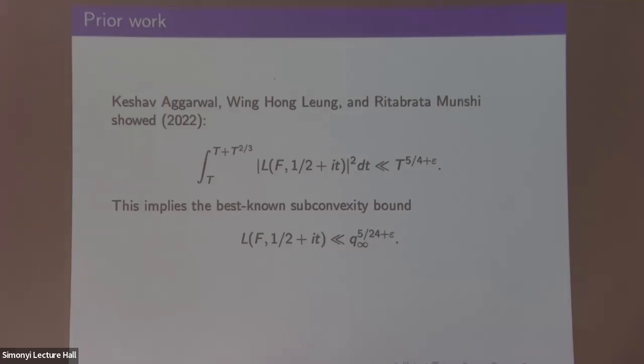Again, there are so many exponents, I'm sure it's easy to get lost, but they have something of length t to the 2/3, and they get this 5/4 bound. So it's a much shorter interval, but their bound is a little bit better. If you deduce a pointwise bound from this, you get this exponent 5/24, and that's the best subconvexity bound we know for GL3.